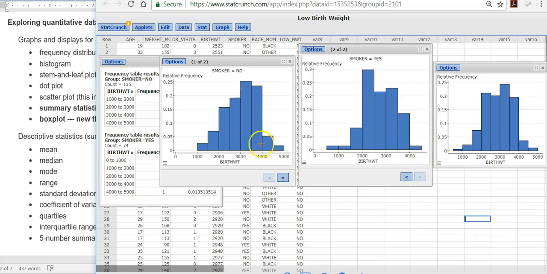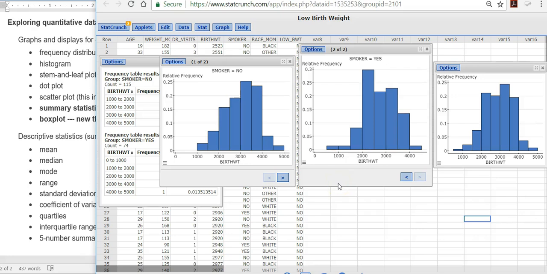And this one, if we look at the class below that, so starting at 4,000, this one had quite a few. This one had very few. And this one also had some in this really low class below 1,000 grams. So those are just some of the types of things that you could notice looking at a graph like this.